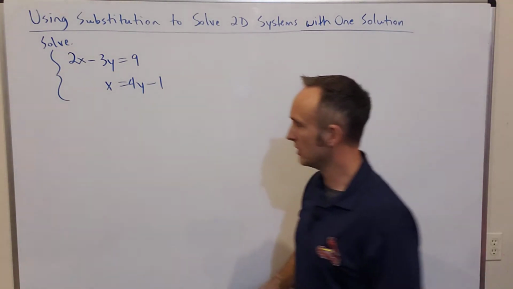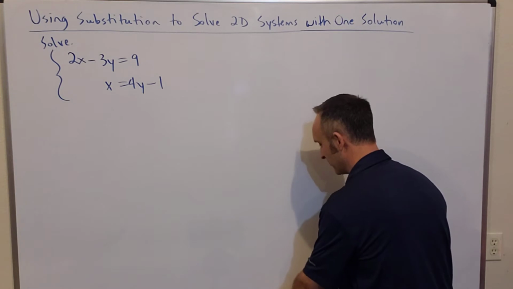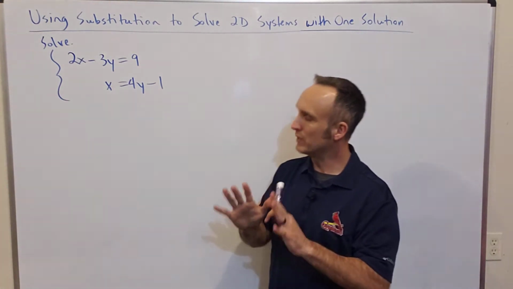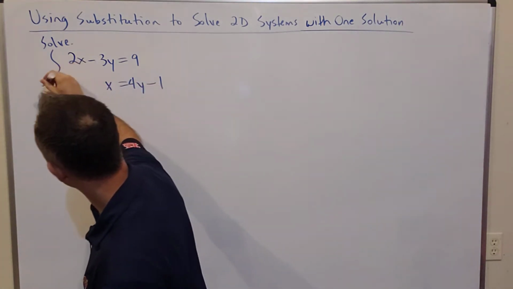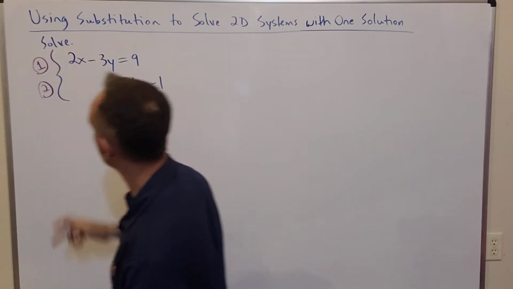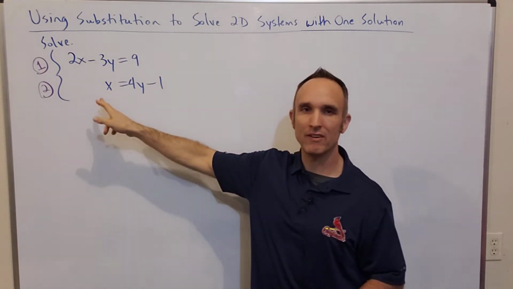Okay, so let's get down to business on how the substitution technique works here. This system is set up beautifully for substitution. The reason for that is this second equation, let's label these. This is equation 2 and this is equation 1. Equation 2 already has one of the variables by itself.